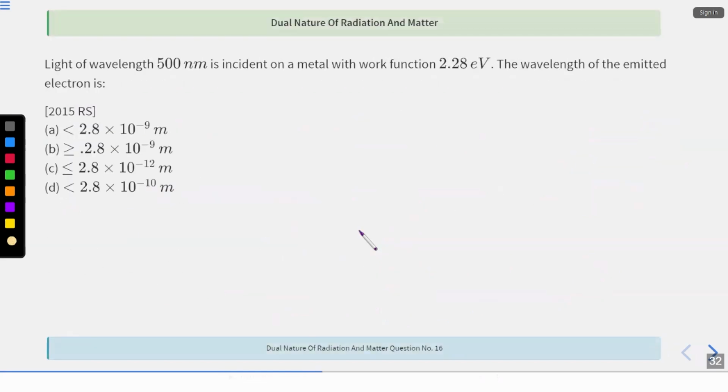Okay. Moving on to the next question. Light of wavelength 500 nanometer is incident on a metal with work function 2.28 eV. The wavelength of the emitted electron is, okay, so work function has been given to be phi is equal to 2.28 eV.